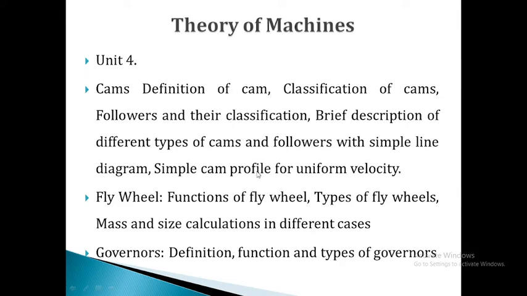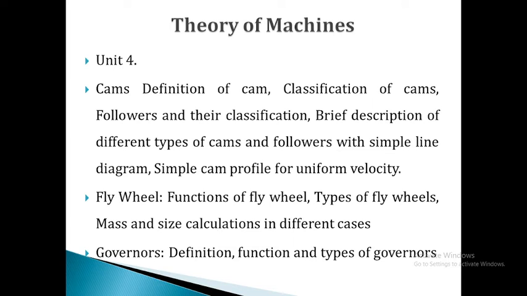Now come to unit number 4. In this unit, the first topic is cam. Camshafts are used in internal combustion engines and other machines. These are mechanical timers.